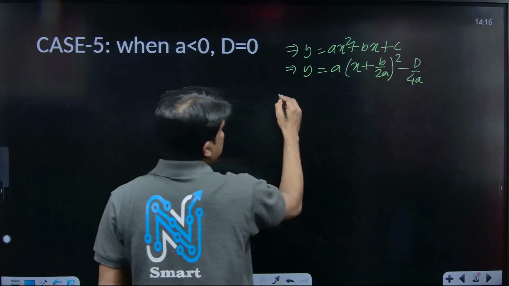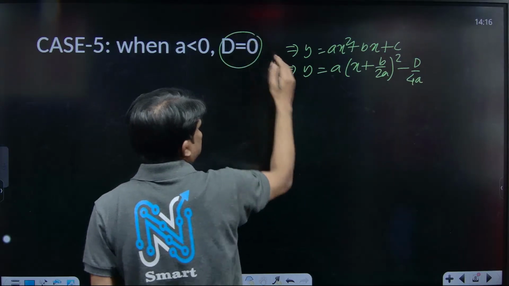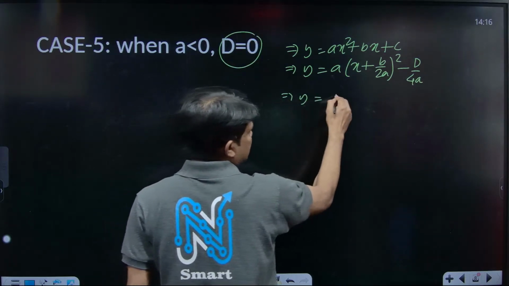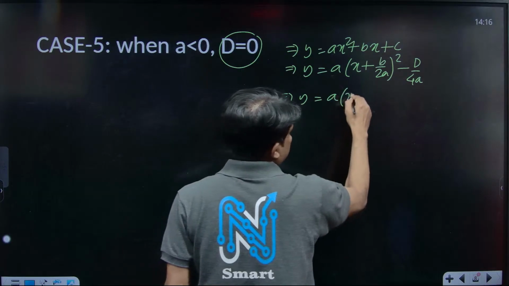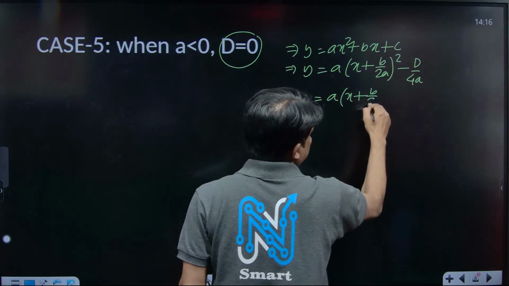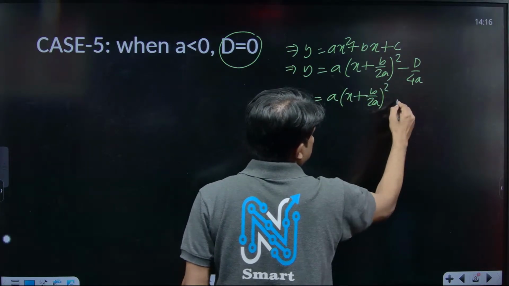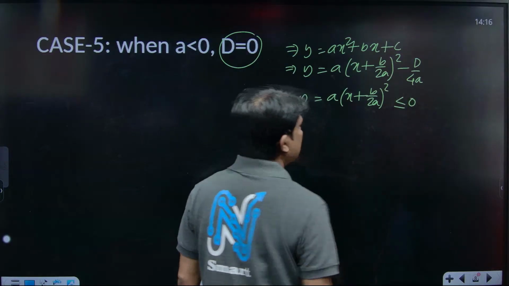If D is 0, y transforms to a negative times x plus b by 2a its whole square, which is less than or equal to 0.